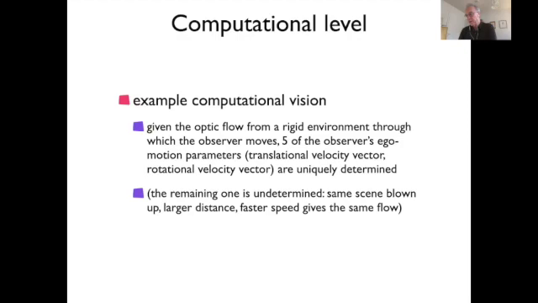It's mathematically proven. That one is undetermined is intuitive in the sense that if your environment was scaled up and you were at a larger distance and you were moving at a faster speed, you would get the exact same optic flow. I don't know if that's intuitive, but that can be seen. So it's always up to one scaling factor. So you would need something about your distance or about the scale of the scene to make it unique.